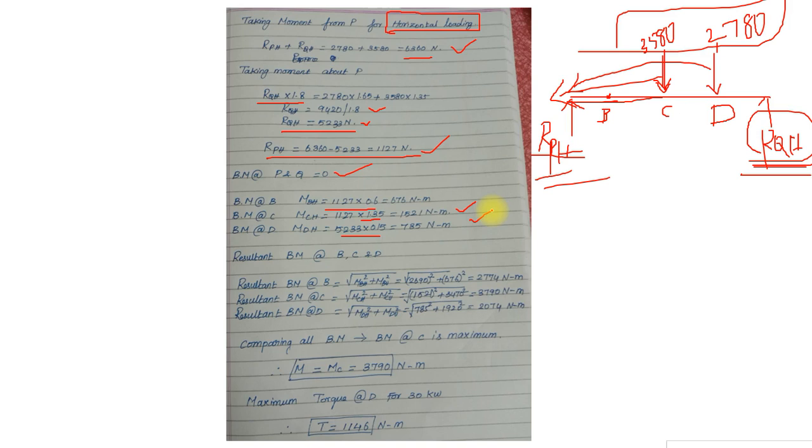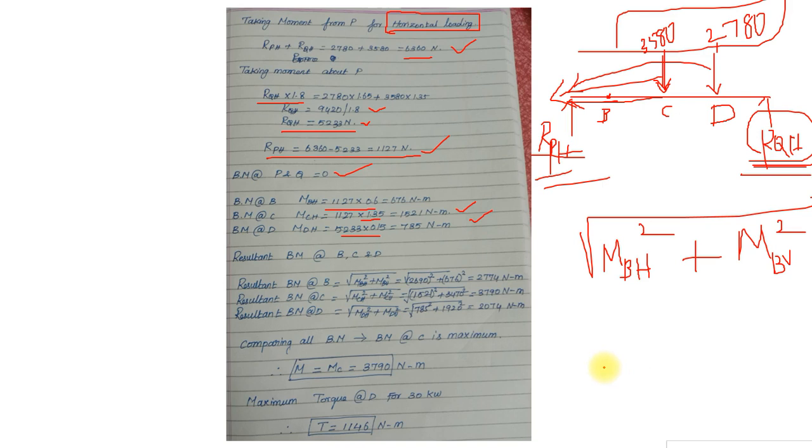Now I need to find the resultant bending moment. To find the resultant bending moment, I have to take a square root. I hope you know the formula for the resultant bending moment: the square root of MBH squared plus MBV squared.